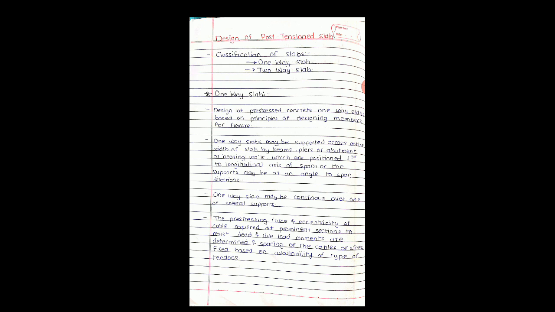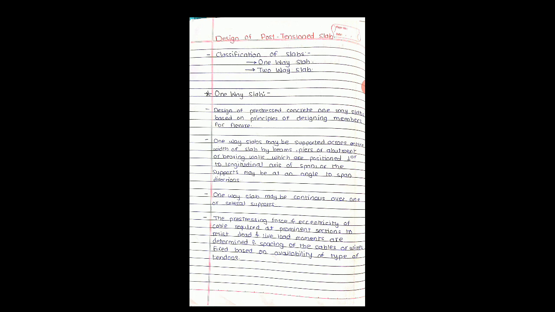These are very basic steps that we have studied in the design of reinforced slab. First we'll calculate the total force, then the eccentricity, here required for the tendon part. There is a pre-stress force, and because of that pre-stress force we have to locate the eccentricity in such a way that it will resist the dead load and live loads.